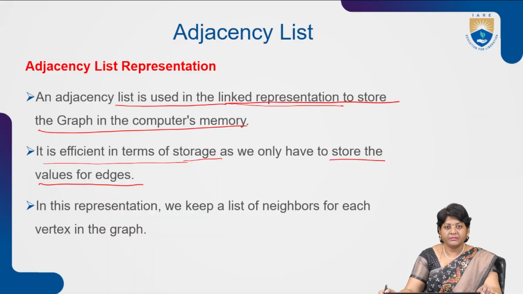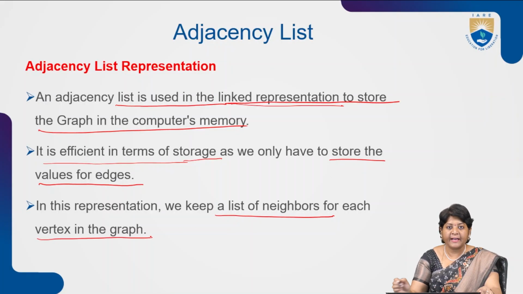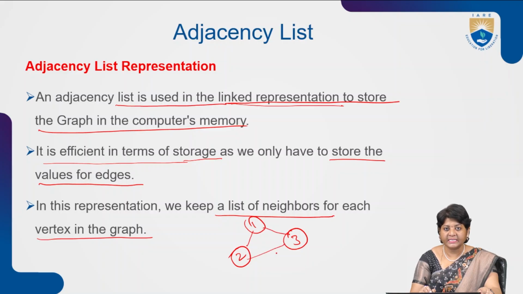In this representation, we keep a list of neighbors for each vertex in the graph. See, when a graph contains 3 vertices, 1, 2, 3, and they are connected with each other, the representation of this graph in terms of adjacency list is that each vertex will have its adjacent vertices.